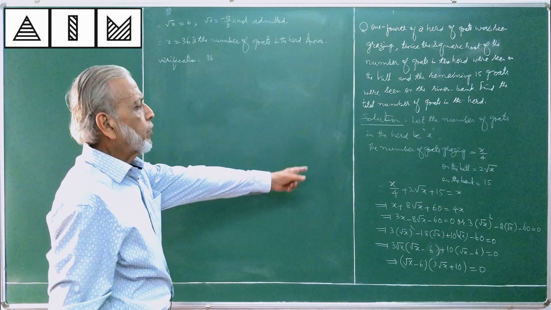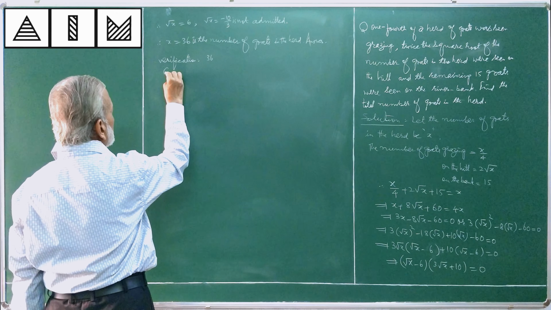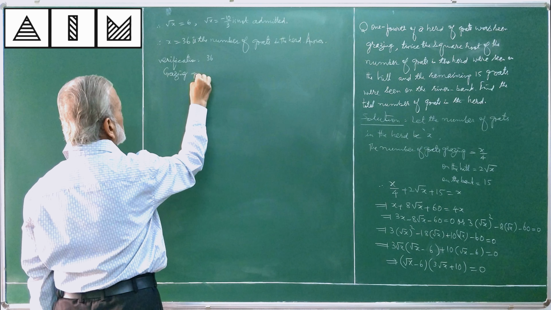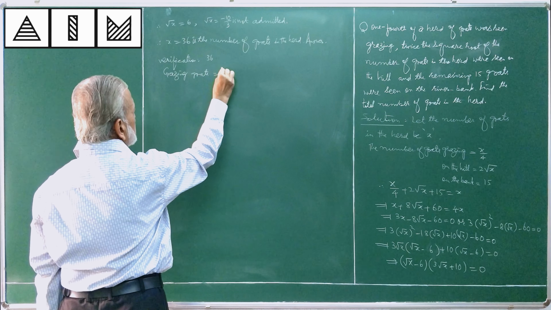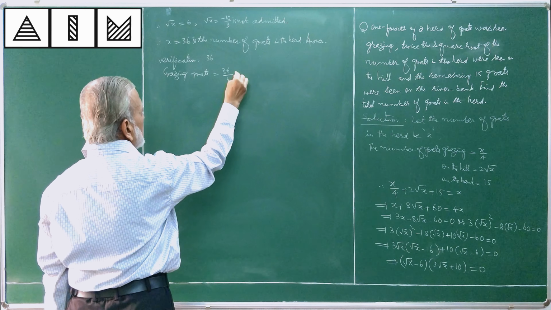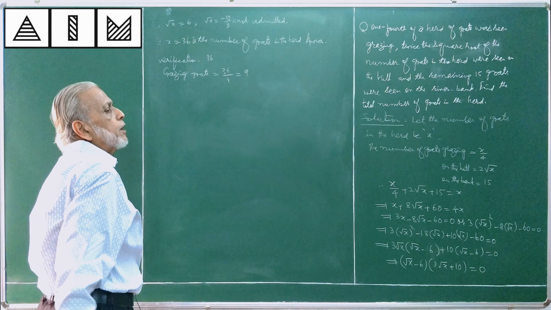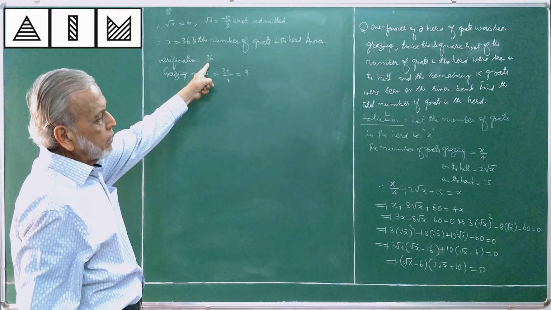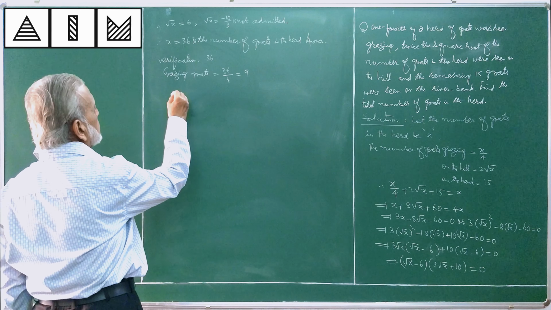Question says 1/4 grazing. Grazing goats. Question says twice the square root of this number on the hill.